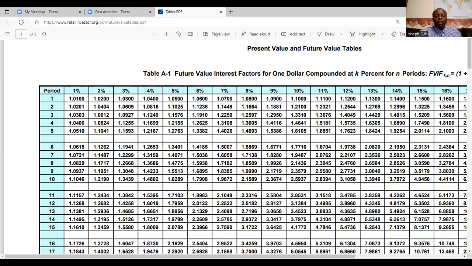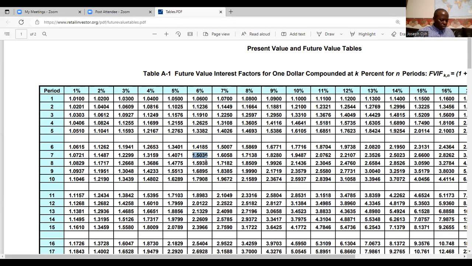This particular one, table A1, is for future values. 6% is right here, and this is the number of periods, say 7 years. Just follow it like that. Go under 6%, and 7 years.